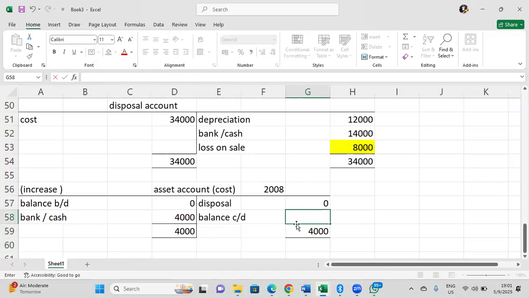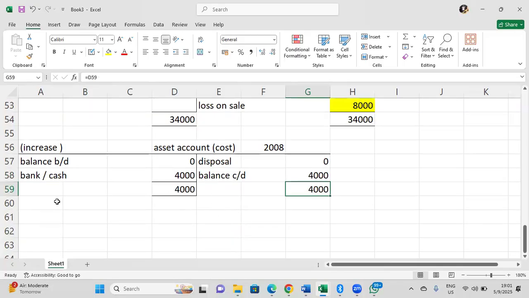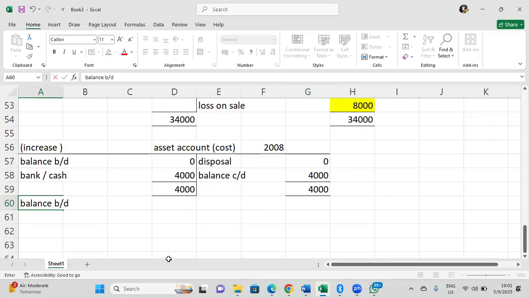The balance CD is the 4,000 minus any amount that was on disposal. The balance CD is what we bring down to be the balance BD next year. This was 2008, so the balance BD will be in the year 2009.